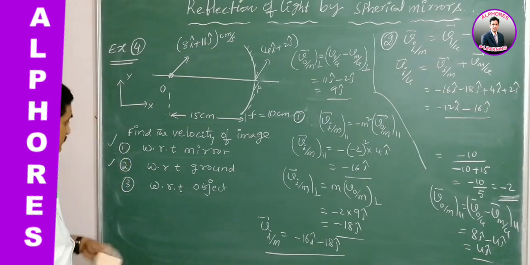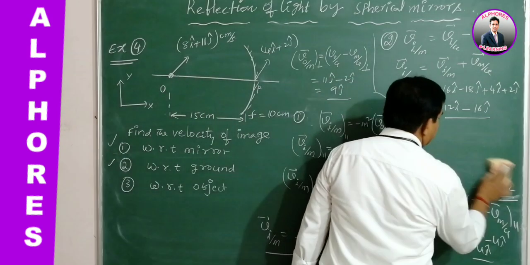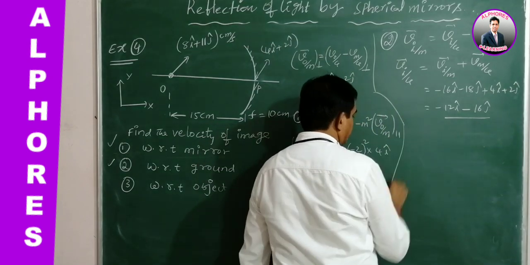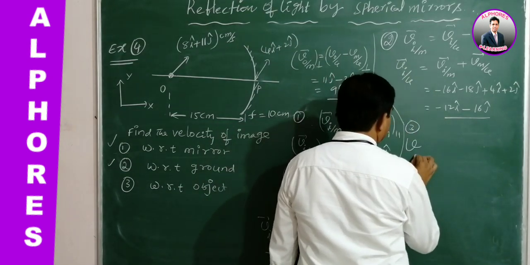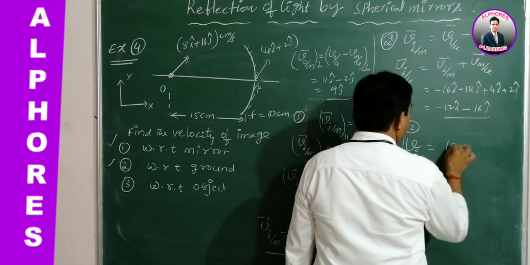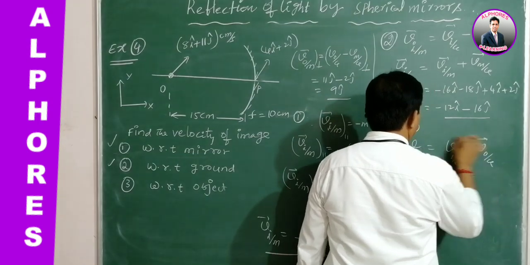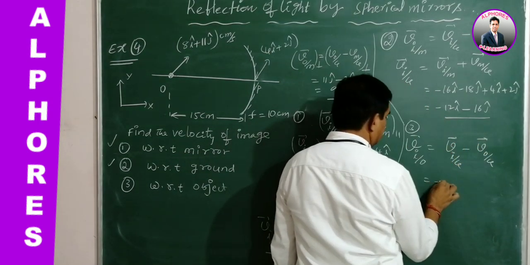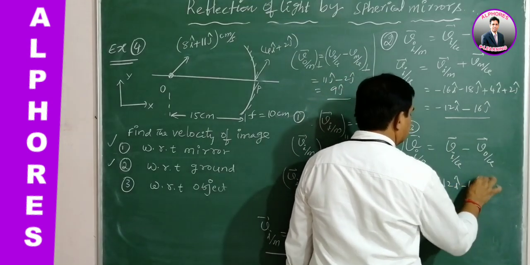And go for the third question, with respect to object. Go for the relative velocity concept by taking the formula. Third question, velocity of image with respect to object equals velocity of image with ground minus velocity of object with ground. Right? Image with ground is already calculated, minus 12i minus 16j.